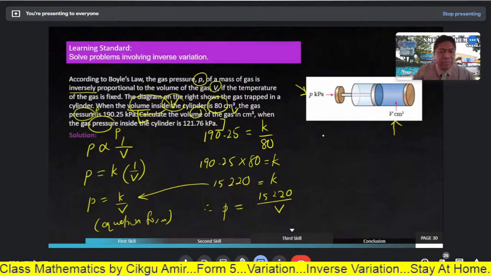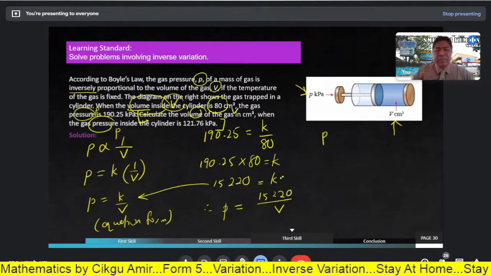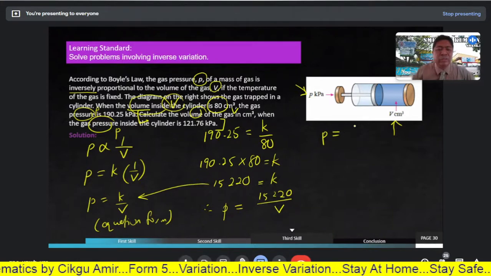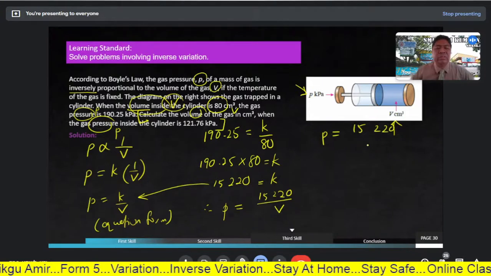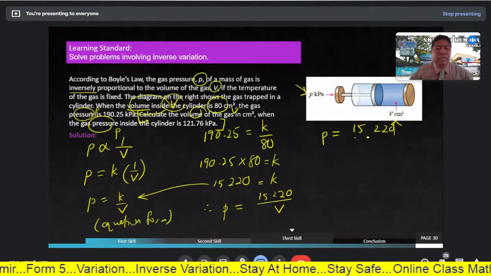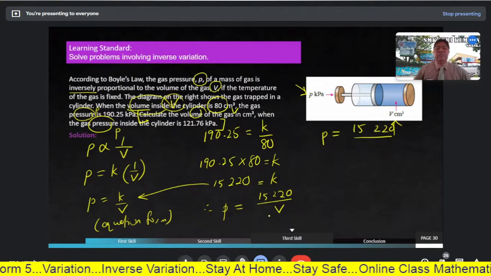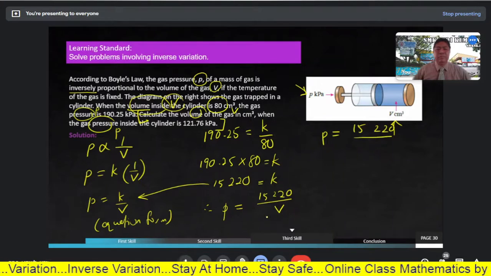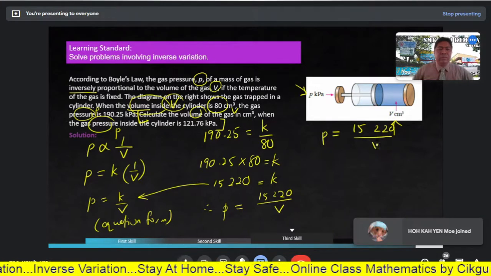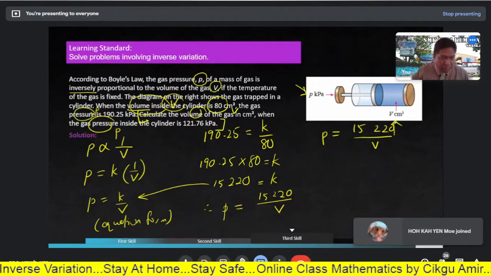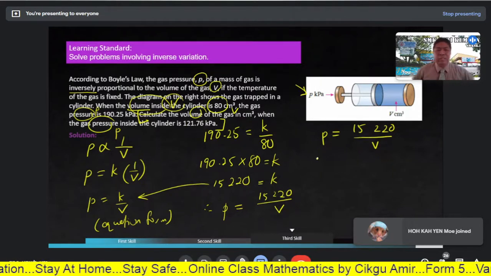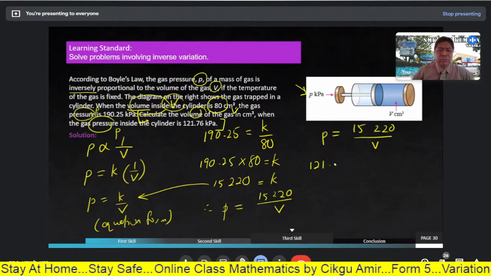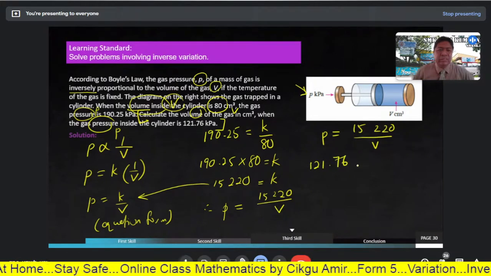So we have P. Take back the equation, P equals 15,220 divided by V. Here P is 121.76.